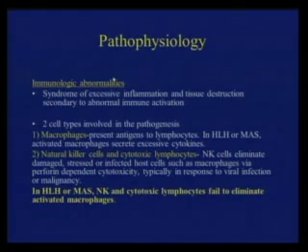In patients who have familial HLH, there is a genetic mutation so they don't handle this process well, and the patients who have acquired secondary HLH or macrophage activation syndrome tend to have a trigger in which there is uncontrolled inflammation, and that leads the immune system into a pathologic state. So in HLH or MAS, the natural killer cells and cytotoxic lymphocytes fail to eliminate these activated macrophages.